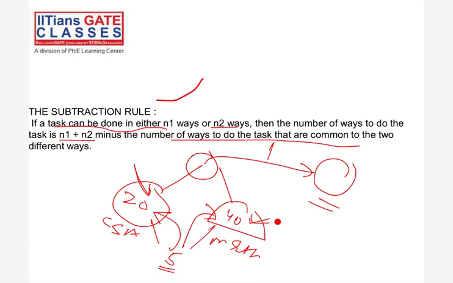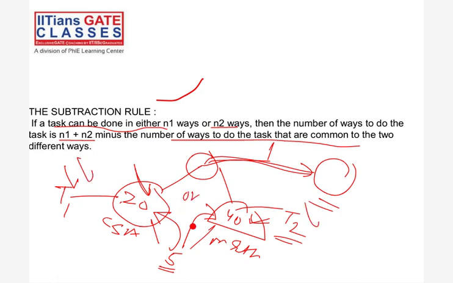Basically, again the same thing: the task is to send one professor to the conference. We have divided this task into two tasks, T1 and T2. Task T1 is to send one professor from the CSE department, and task T2 is to send one professor from the math department. Our whole task will be done if we can complete either task T1 or task T2, so there is an or here.